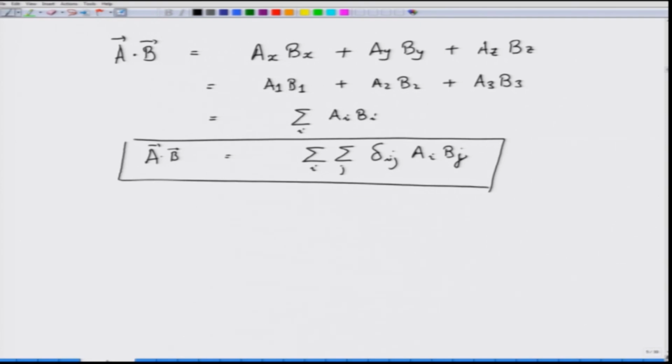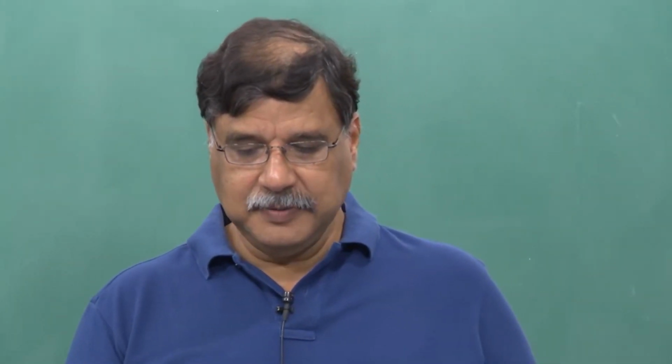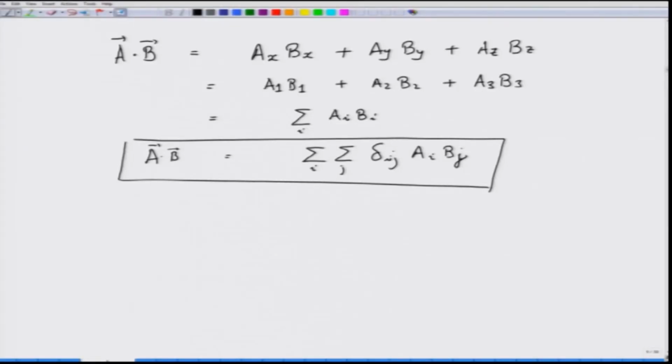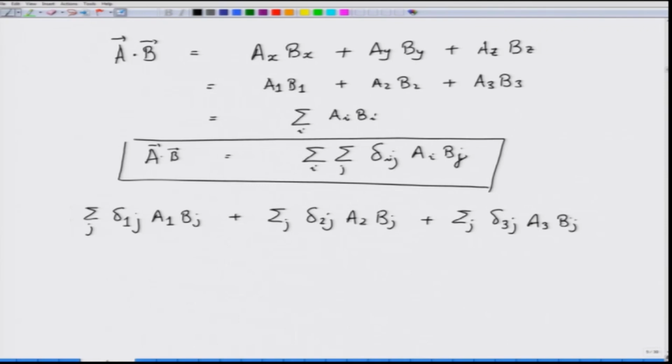You can very easily see that it actually is the same thing as A_x B_x plus A_y B_y plus A_z B_z. Let us do that just to get more familiar with it. So, I will have summation over j delta 1j A_1 B_j, plus i is 2, so that is going to be summation over j delta 2j A_2 B_j, plus summation over j with i equals 3, delta 3j A_3 B_j.